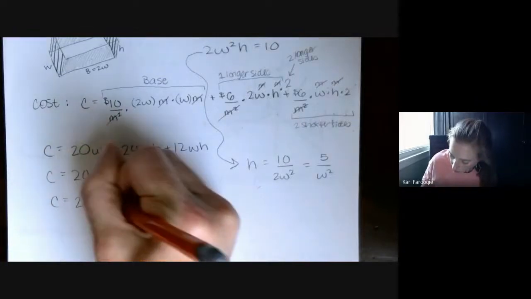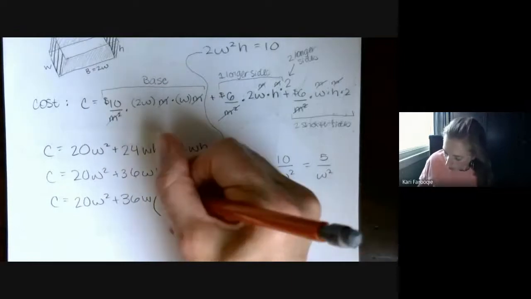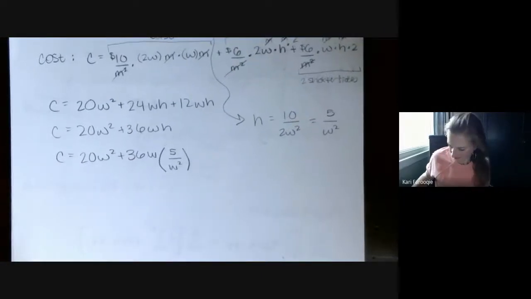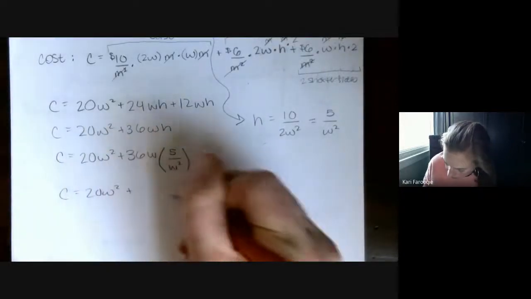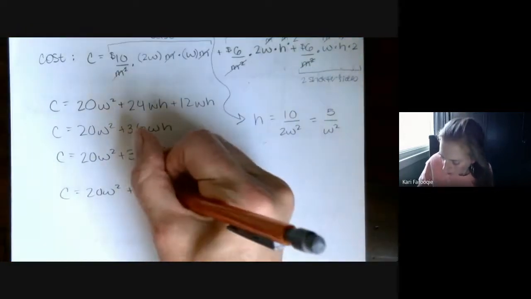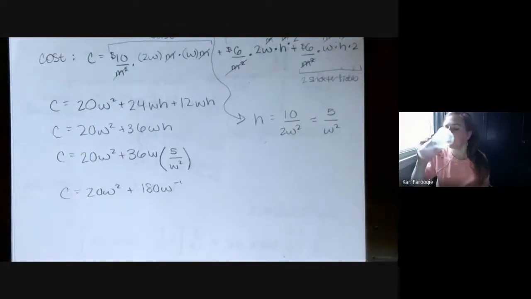So 20w squared plus 36w, and then h is 5 divided by w squared. And then simplify again. 36 times 5 is, I believe, 180. 180 over w is 180 w to the negative first power.